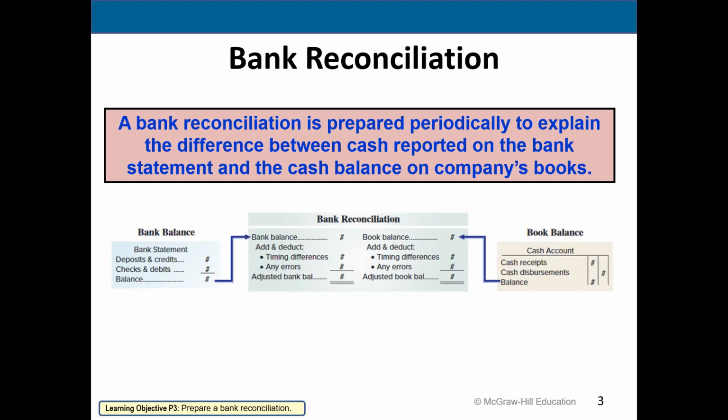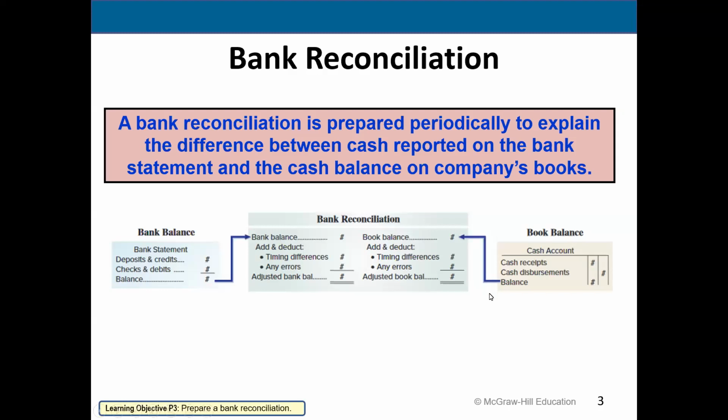When we do a reconciliation, we are taking the balance that the bank has and the balance on our general ledger that's actually in our bank account, and we're reconciling the two so that they're the same. That's a control procedure to make sure that we have correctly recorded the deposits and the checks that we've written and anything that the bank, like interest or notes, has collected for us.